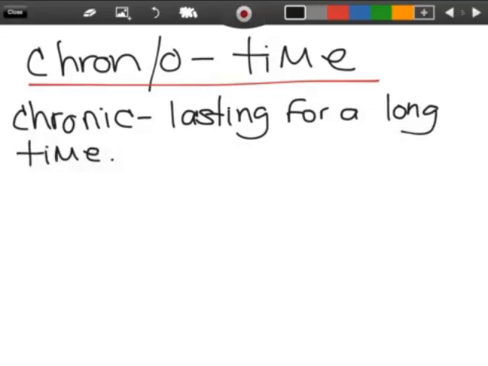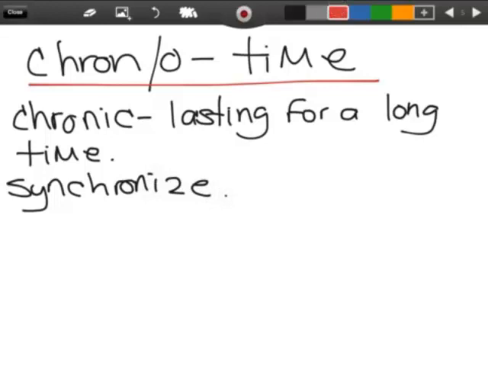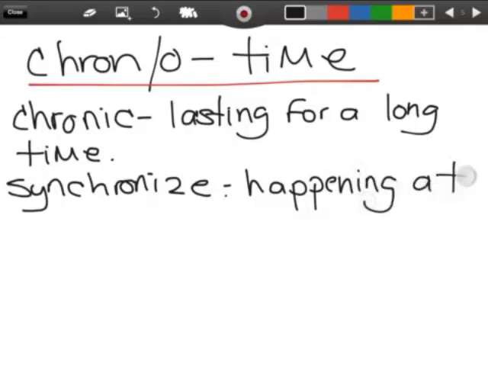My next word is going to be synchronize. I'm going to give you the definition, which is happening at the same time.